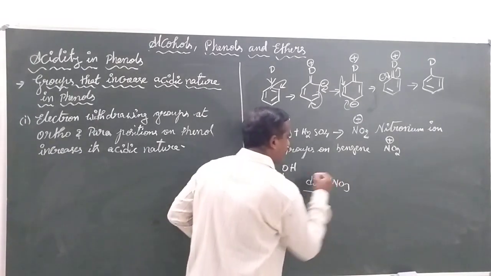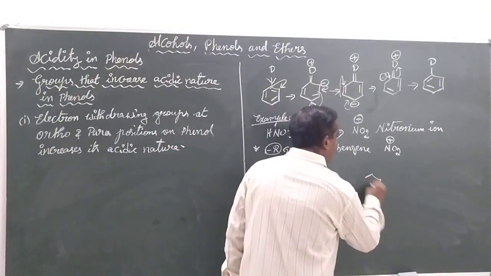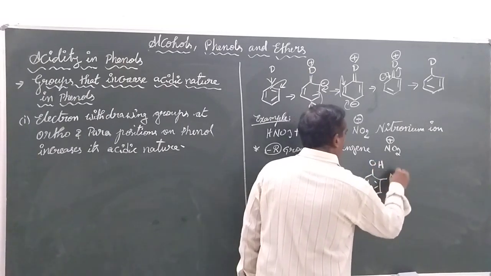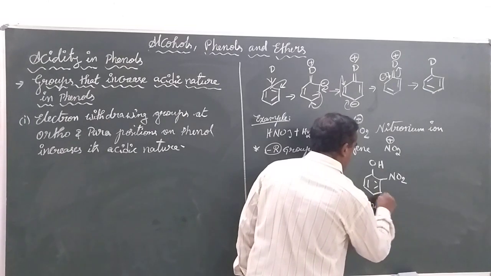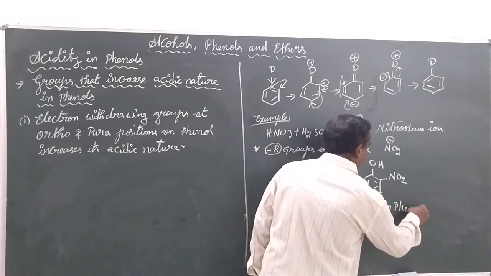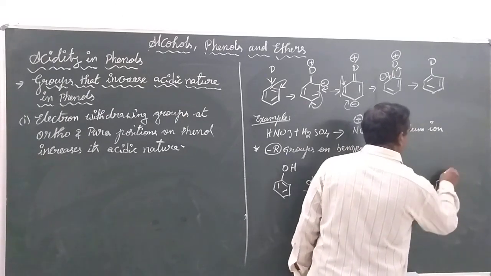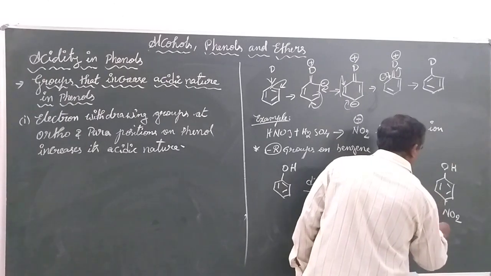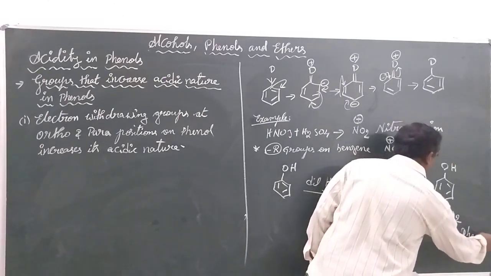When phenol is reacted with only dilute nitric acid, we can get two kinds of products. One is called orthonitrophenol. And another one is called paranitrophenol.